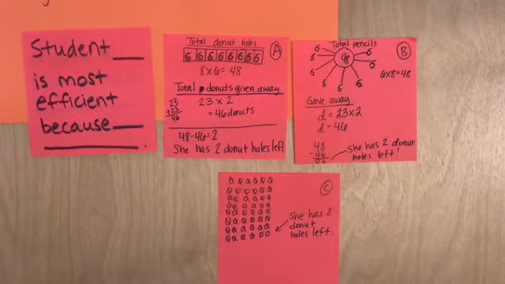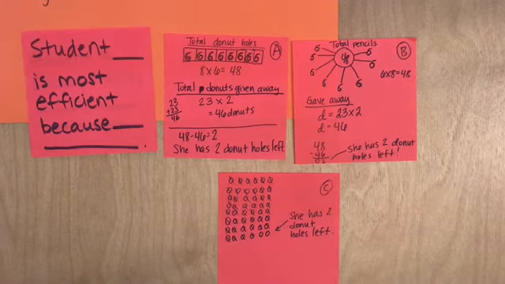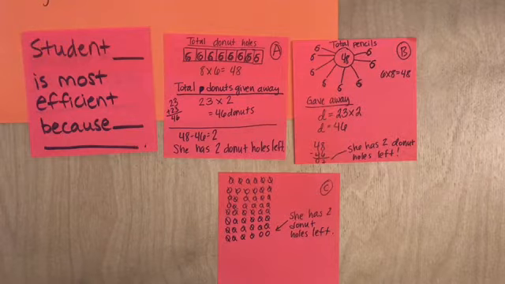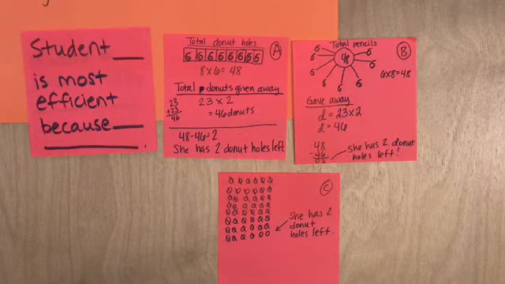Looking at how these 3 students solved the problem, which student was the most efficient? Remember that efficient means that they solved it in the quickest, most accurate way where they were most likely to get it right and not make as many mistakes. So looking at this, would student A, student B, or student C be the most efficient in your eyes?